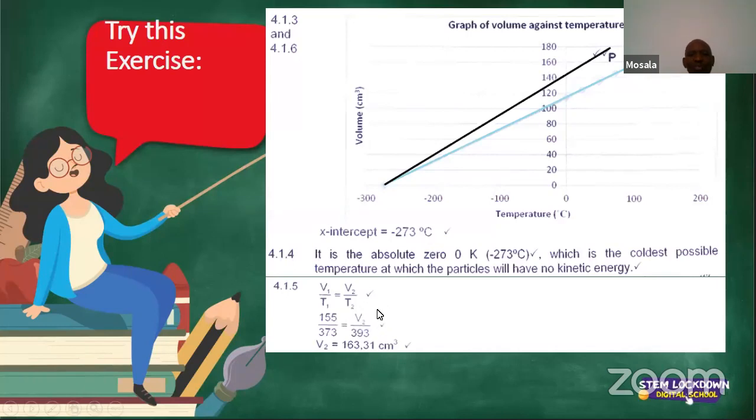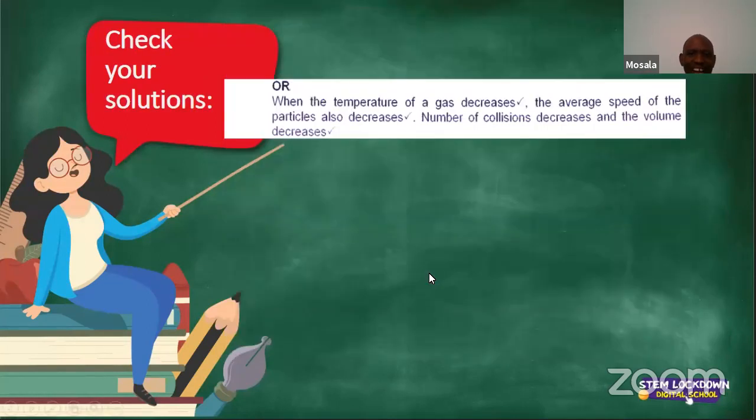What do we know? At 120 degrees, it will be 120 plus 273. It will give you 393. So where is the 155 and the 373 coming from? Let's go back to our data.